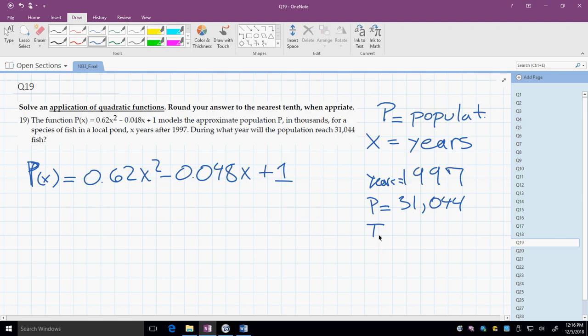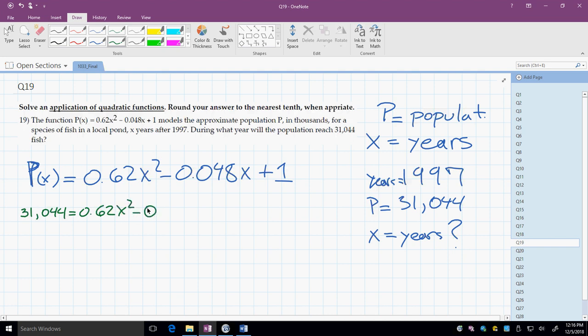So we're looking for time, for x in years. That's what we're looking for. What we have to do is substitute P for the population that is given, 31,044.